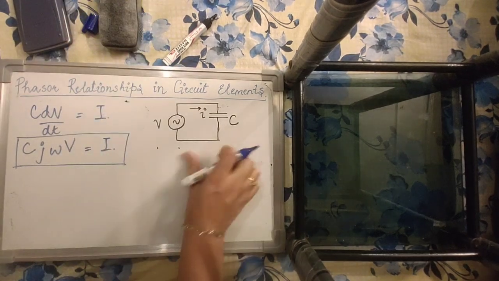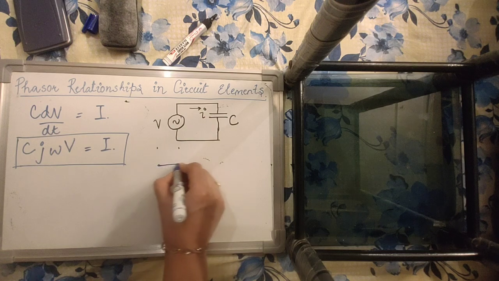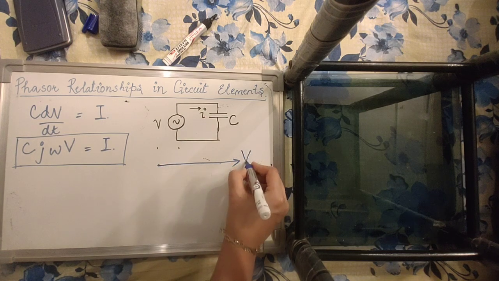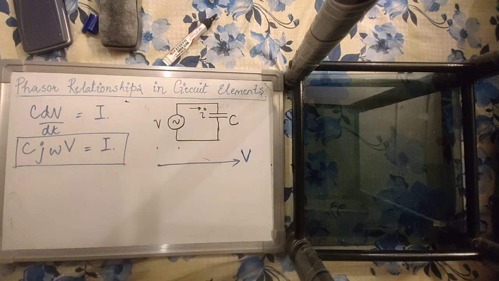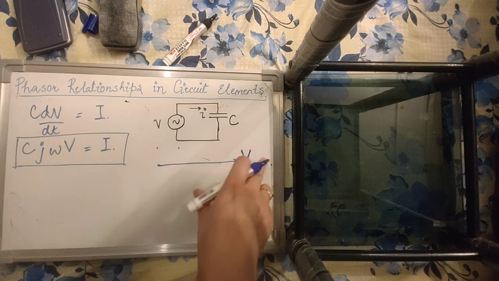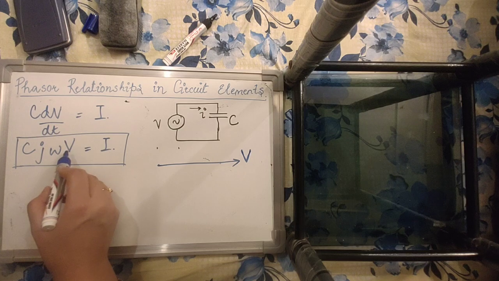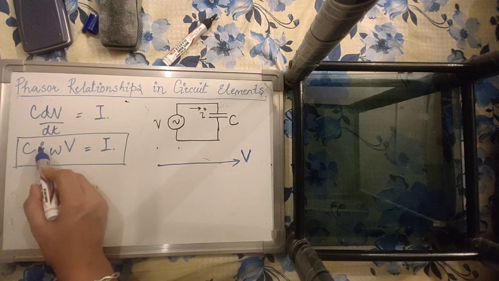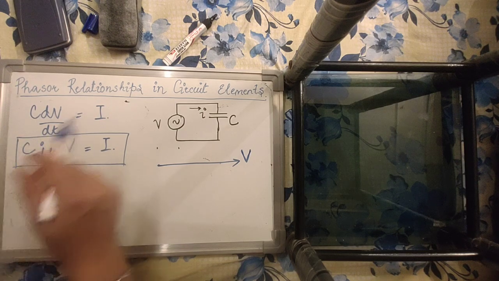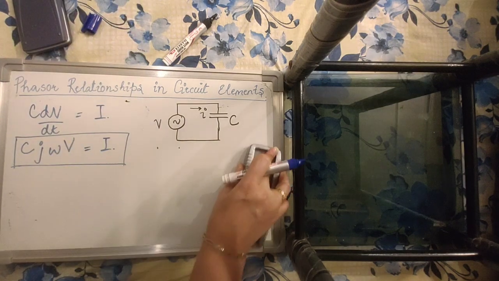Now, let me again assume that this circuit is excited by a voltage phasor V, whose phase I have assumed to be 0 and a specific magnitude. Now, the current will simply be V phase shifted by j, and j means a 90 degree phase shift in the leading direction.